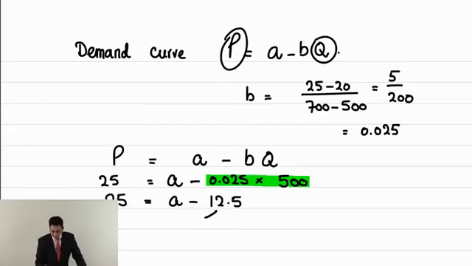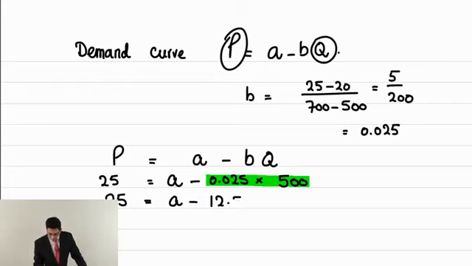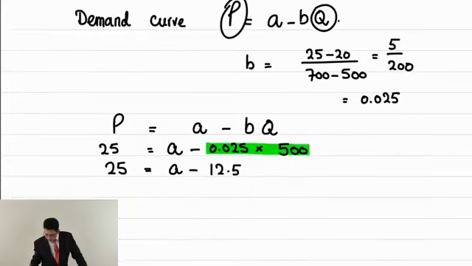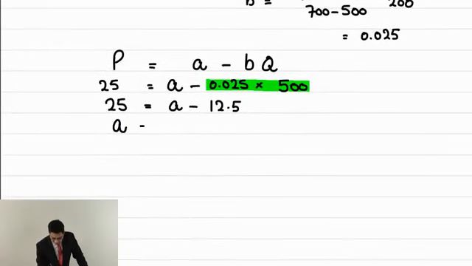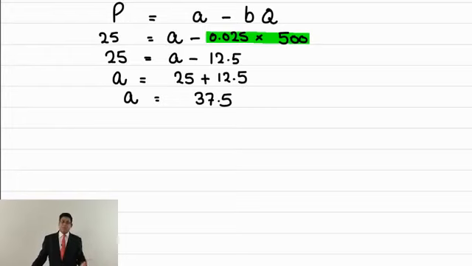If we move this to the other side of the equation, remember, if you are moving a negative sign to the other side of the equation, negative will become positive, positive will become negative. So here we go. Let's calculate A. A equals 25 plus 12.5, and that equals 37.5, meaning maximum price based upon our past understanding, relationship or history.